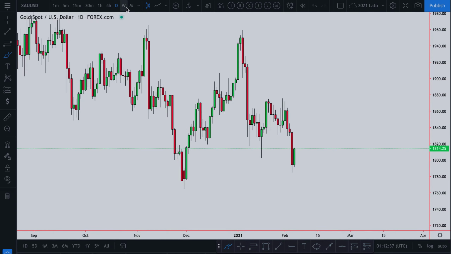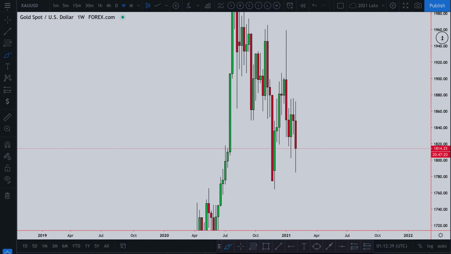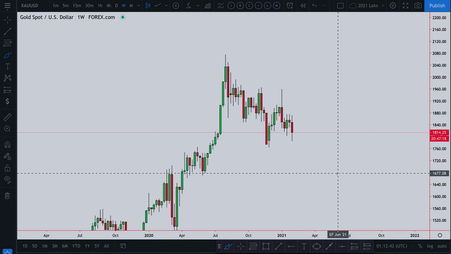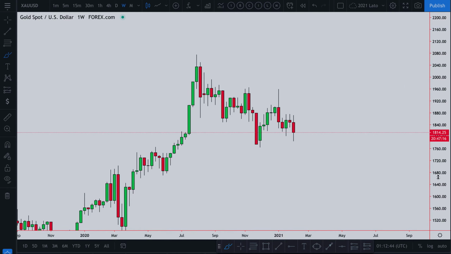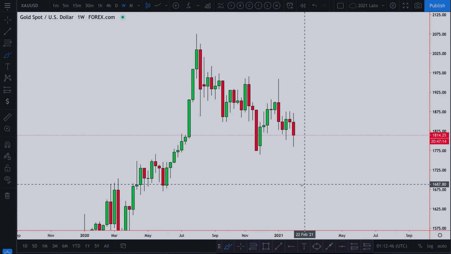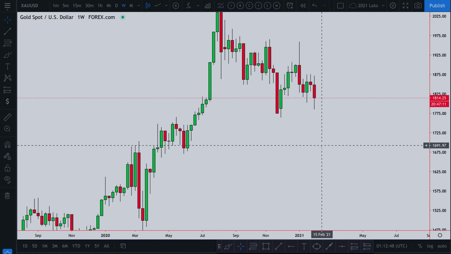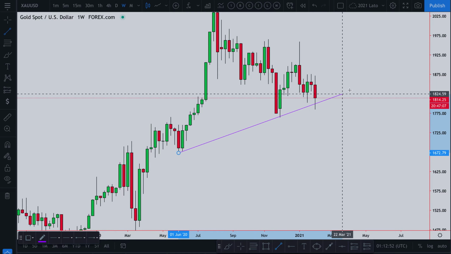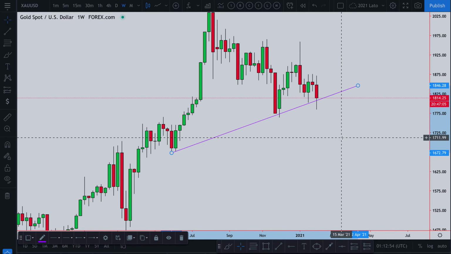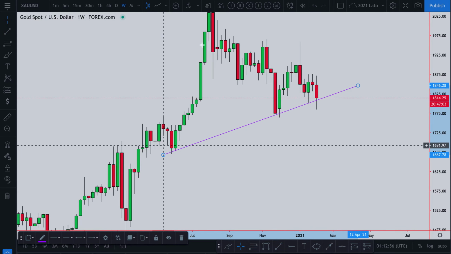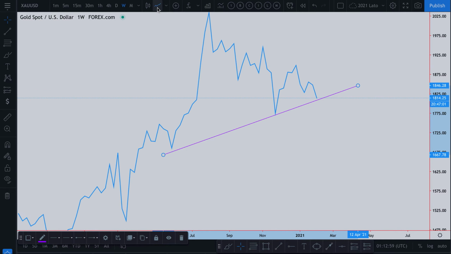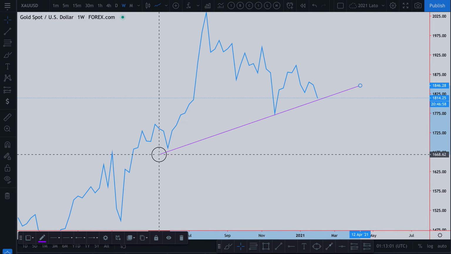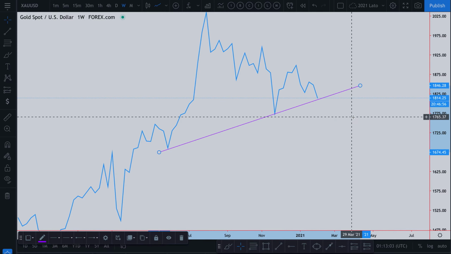Let me see the weekly one. On the weekly, I have forgotten to mention one thing, which is the trend line. I'm going to draw a trend line from there to there, and obviously I'm going to use the line chart.